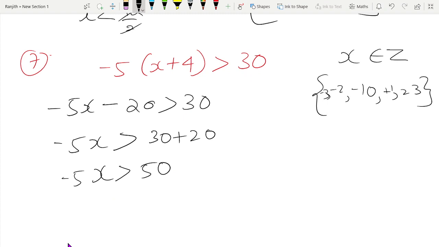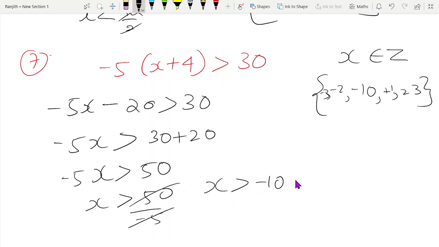Yes, question, sir. Then -5. 50 divided by -5. What do you get? X is greater than... no, just a minute. X is greater than -5.